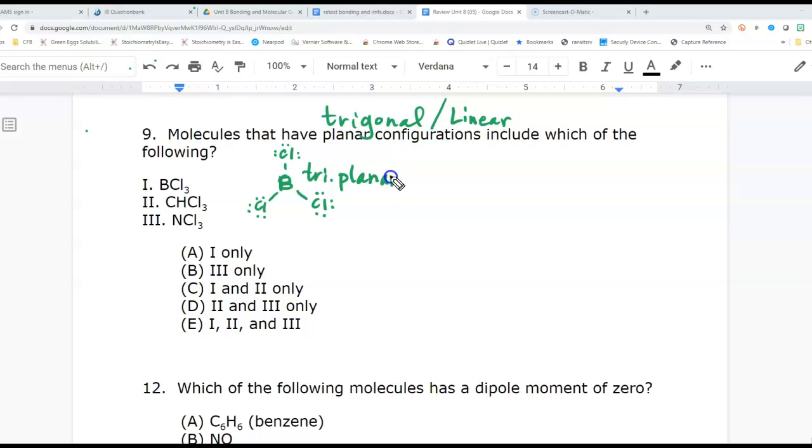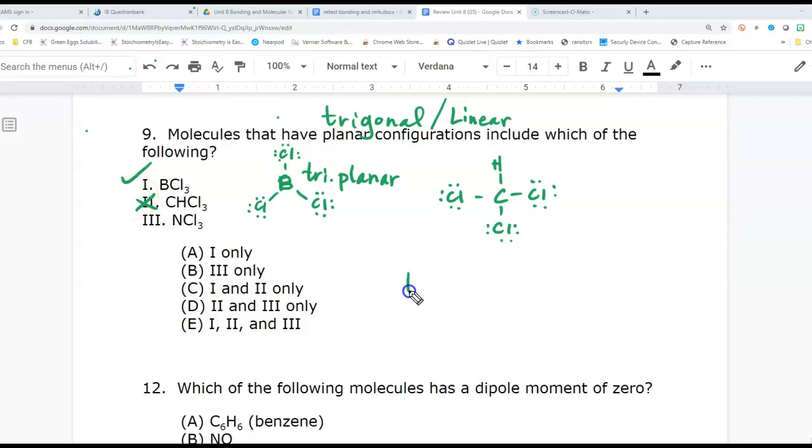So that one works. How about CHCl3? Well, that one's going to have 4 things bonded around it, so you will notice right away that that one has 3 Cl's and 1 H bonded around it, so it is very definitely a tetrahedral, so that one is not a good answer for planar.